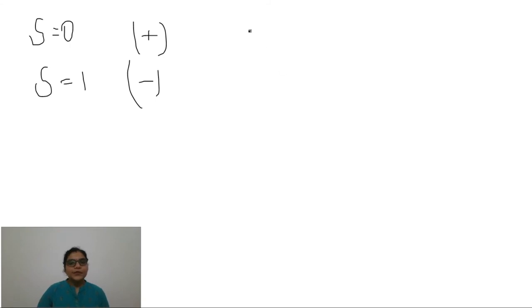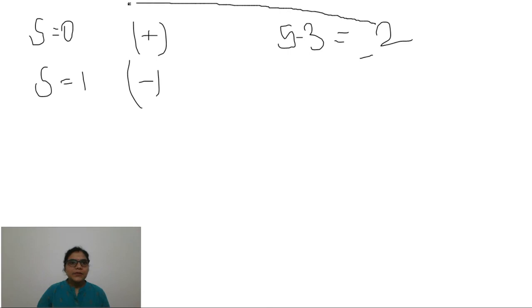Suppose a processor performs a 5 minus 3 operation, then the result will be 2. Here it is a positive number. So the sign flag will be set by the processor to 0, denoting that the result is positive.